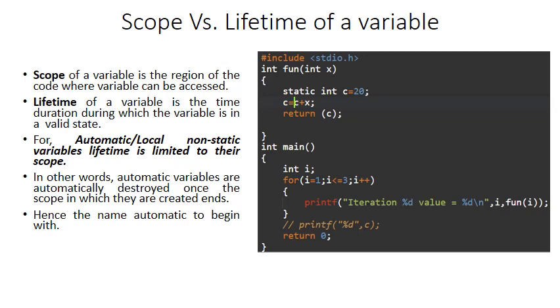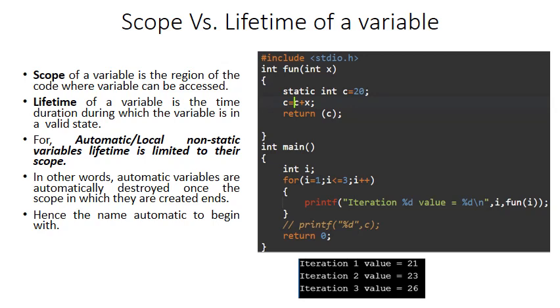The first time the function is called, the argument passed will be 1, so x is equal to 1. So c is equal to 20 plus 1, which is 21, and the first statement printed by the program will be iteration 1 value equal to 21. Next time when the loop executes, the argument passed is 2.